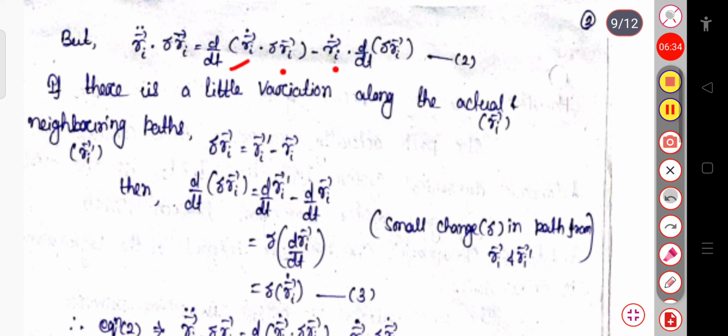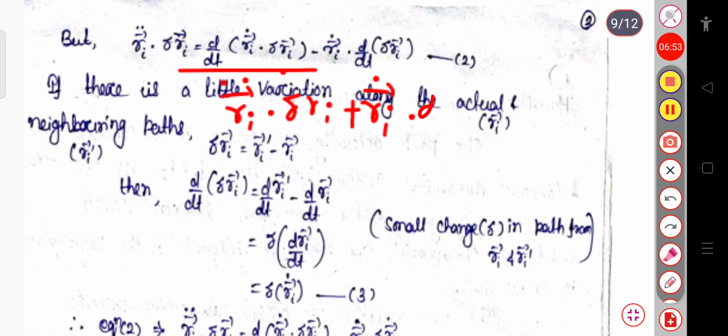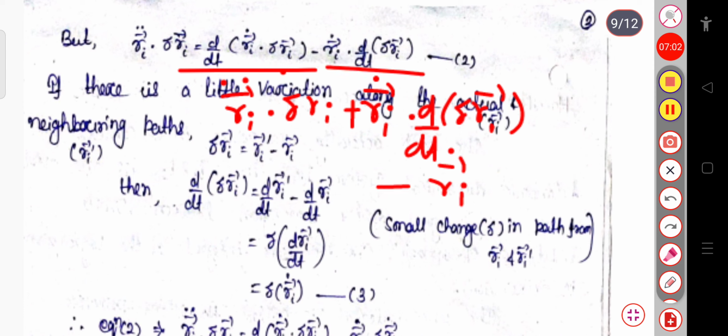So d/dt of (r_i dot · δr_i) gives r_i double dot · δr_i for this term, plus r_i dot · d/dt of δr_i, and also this term is present, minus r_i dot · d/dt of δr_i.